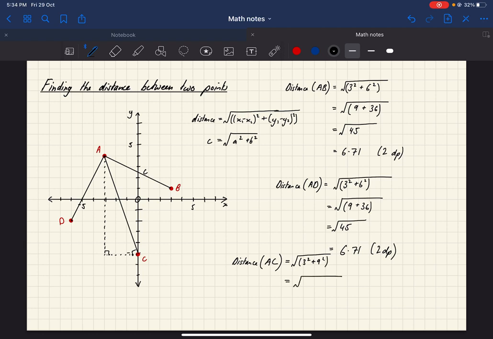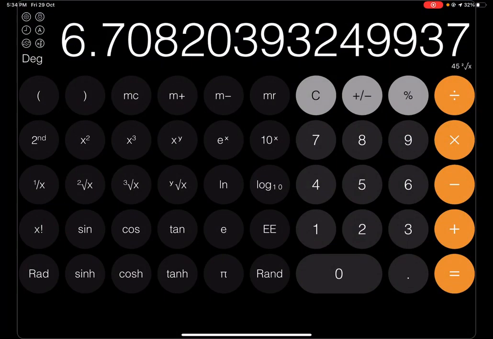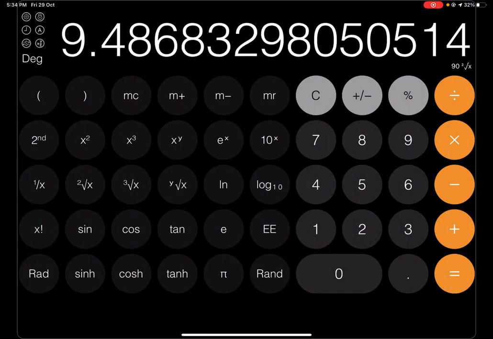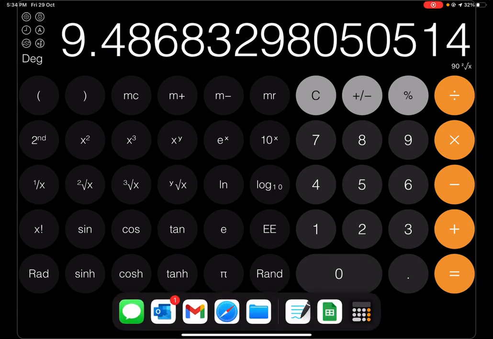Now we'd have to do the brackets first, and inside the brackets we have to do the powers first and then the addition. So 3 squared is 9, 9 squared is 81, 9 plus 81 is 90, and that equals square root of 90, which is 9.49, rounded to 2 decimal places.